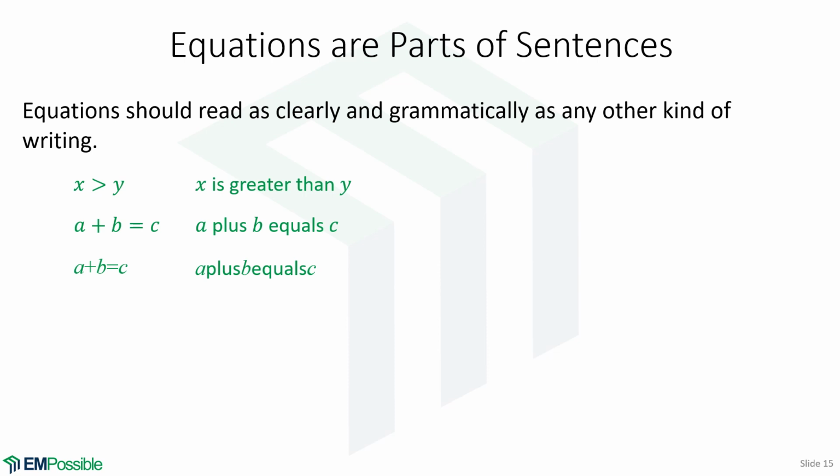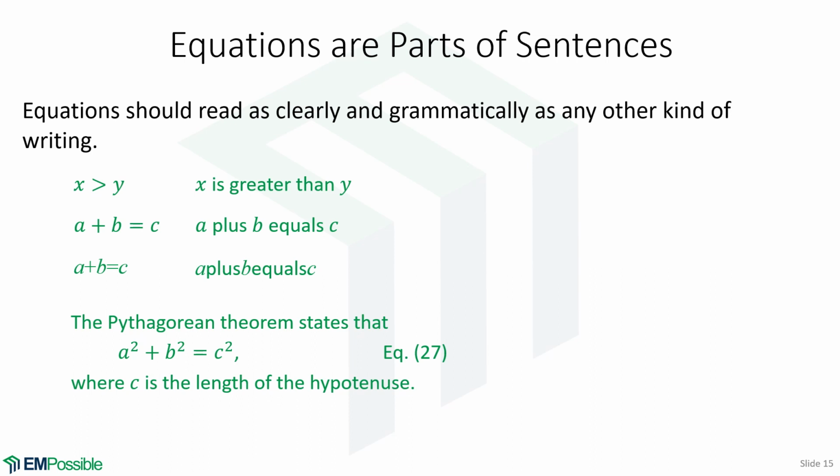Remember, if this is a sentence, your variables and the operations and relations, these are words. Words have to be separated by spaces. So if I were to write this without spaces, this is what I'm actually writing. I don't even know how to pronounce that. Able to go see, or something like that. We need spaces because this is A plus B equals C.